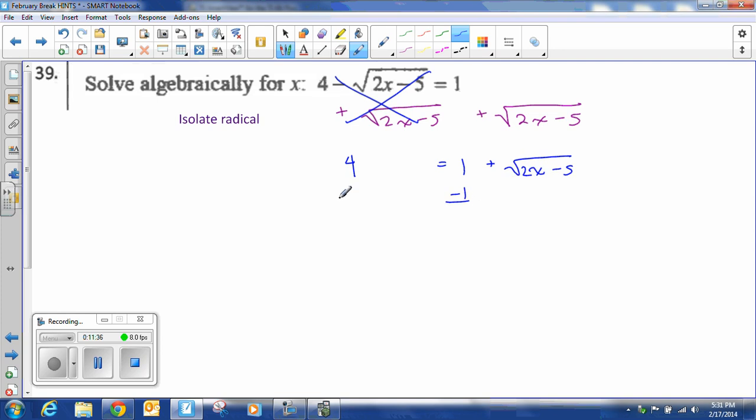And we subtract 1 from both sides, and we end up with 3 equals radical 2x minus 5. And this is just an easier way to get to isolating the radical. Okay, and now you just go through and you square the left, you square the right, and you solve for x.